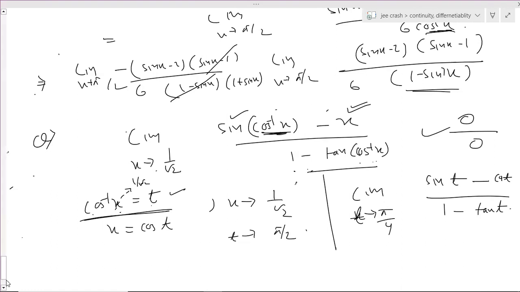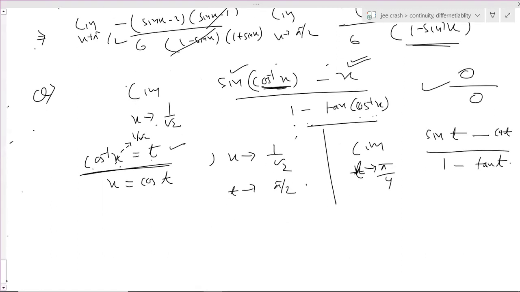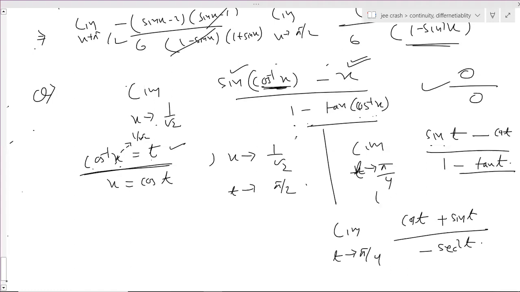Now using L'Hopital rule is very simple. Differentiation of sine t is cos t. Differentiation of cos t is minus sine t, and minus tan t is minus sec squared t. This step is clear.